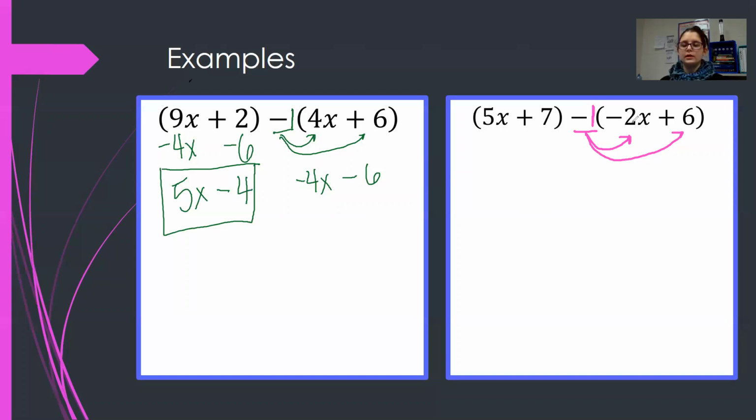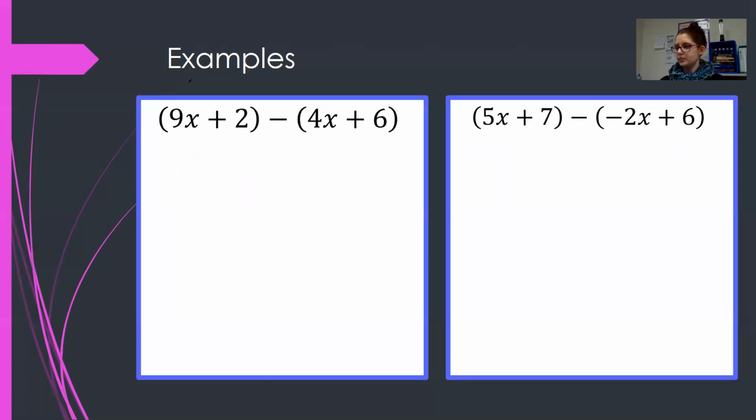So negative 1 times negative 2x is a positive 2x. Negative 1 times positive 6 is a negative 6. This 2x is positive, so I'm going to put a plus. 5x plus 2x is 7x. 7 minus 6 is a positive 1. So my final answer is 7x plus 1. Okay. We've got 2 more examples to look at.